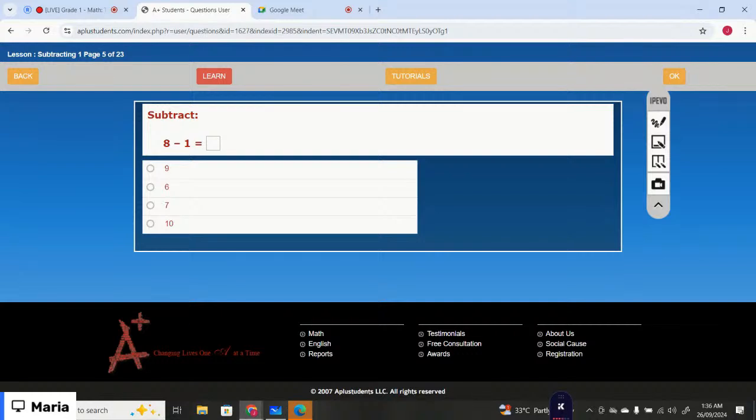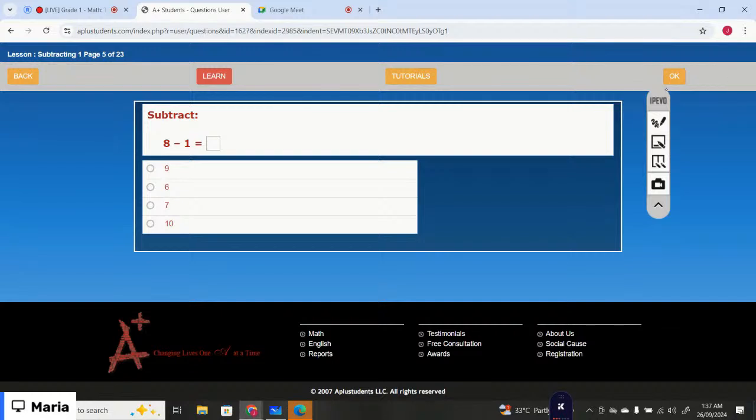So which is the correct option? 8 take away 1 is 7. So 8 take away 1 is 7. Option number 3 is the correct option, right?